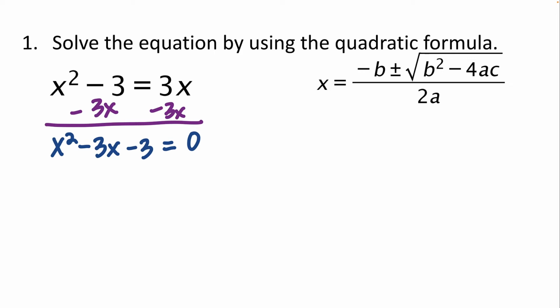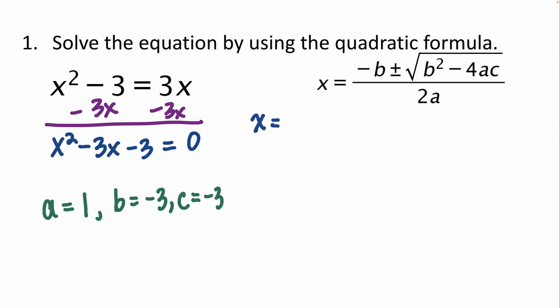Now let's identify a, b, and c. A, which is the coefficient of x squared, will be equal to 1. B, which is the coefficient of x, will be equal to negative 3. And c, which is the constant term, will also be equal to negative 3. Now let's use these values of a, b, and c to plug them into our quadratic formula.